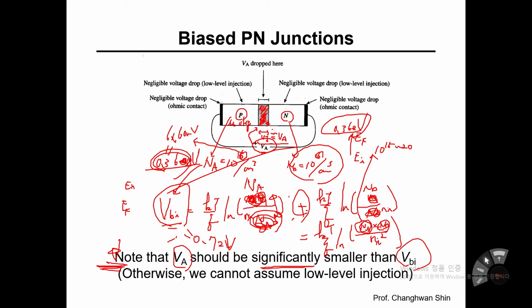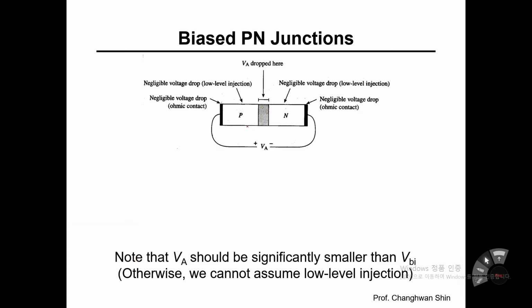Just for those who didn't take my lecture last semester, the meaning of low level injection is that once a forward bias is applied across a PN diode, many holes would be injected into the N side. However, the majority carrier of the N side is electrons. So the total amount or the concentration of electrons would not be affected by the injected holes. That means low-level injection is still working.